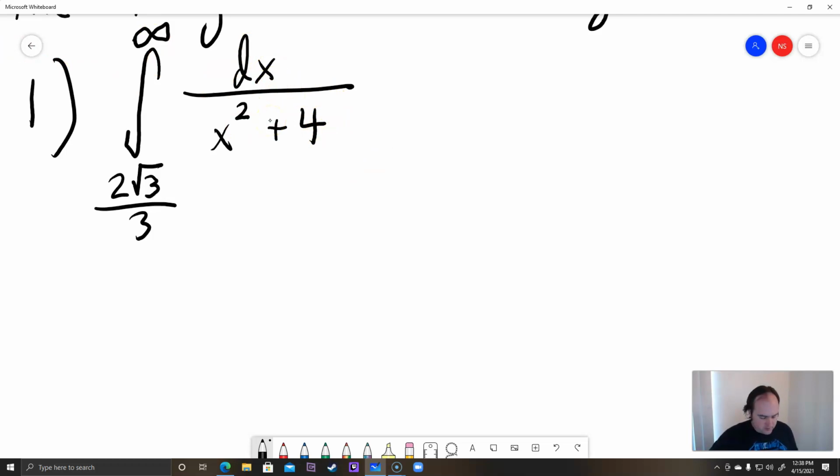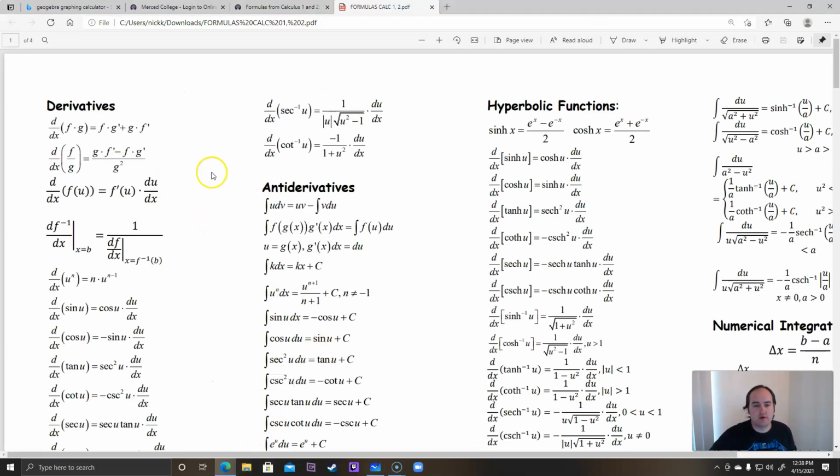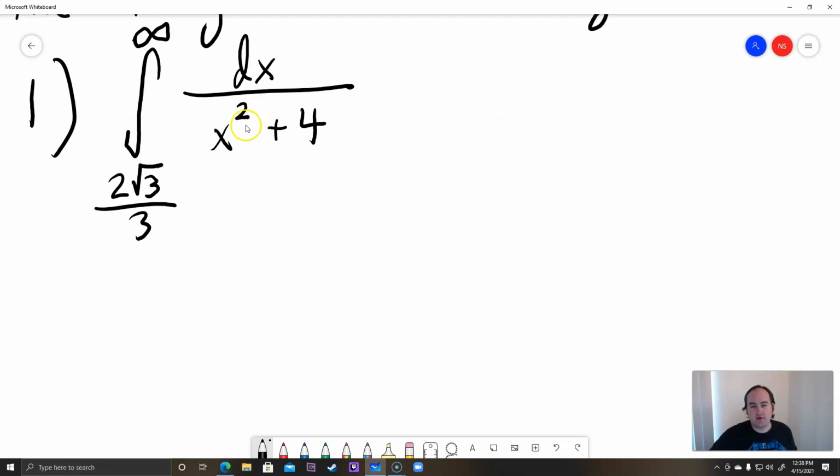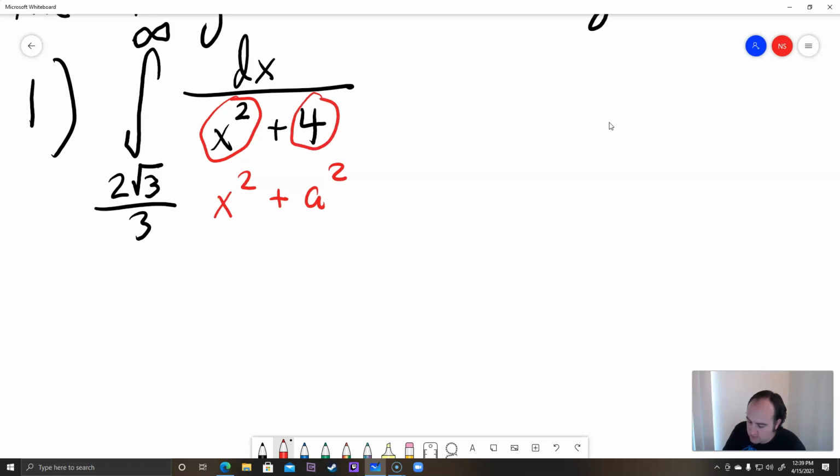The best way to do it is to go to your formula sheet, unless you have them memorized, which most people don't. On the first page of our formula sheet, we look for the integral of 1 over x squared plus a squared.